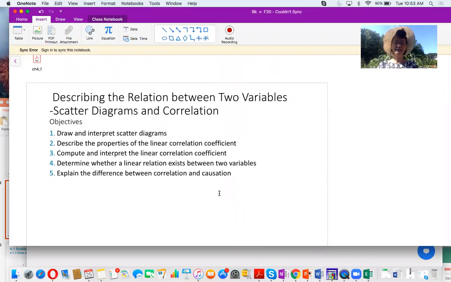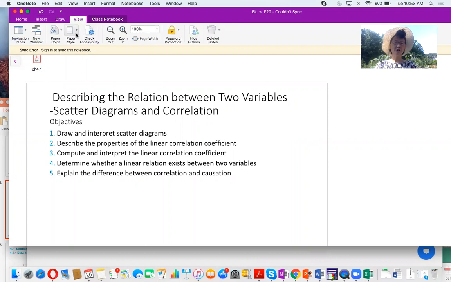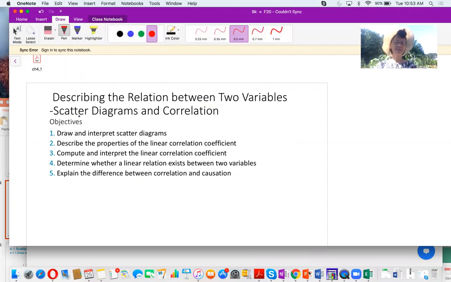By the end of this lecture, you will be able to draw and interpret scatter diagram. And you will be able to describe the properties of linear correlation coefficient.